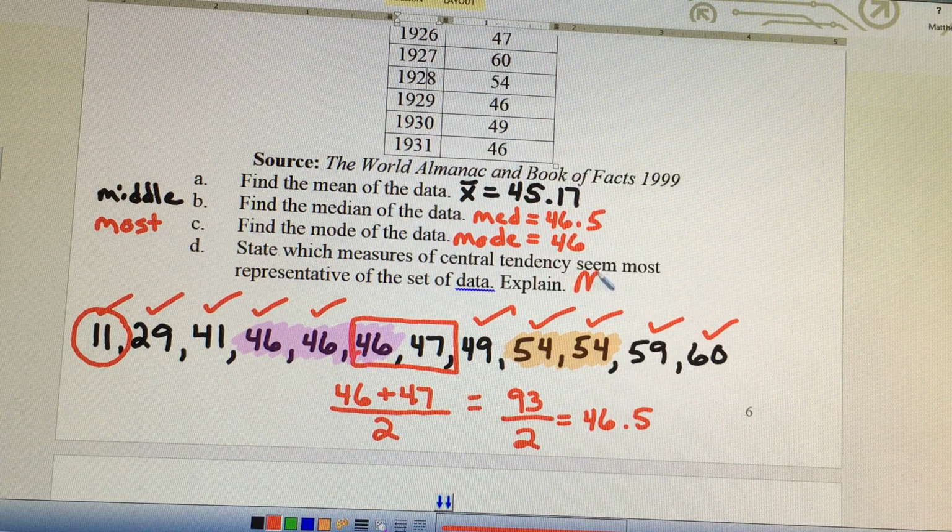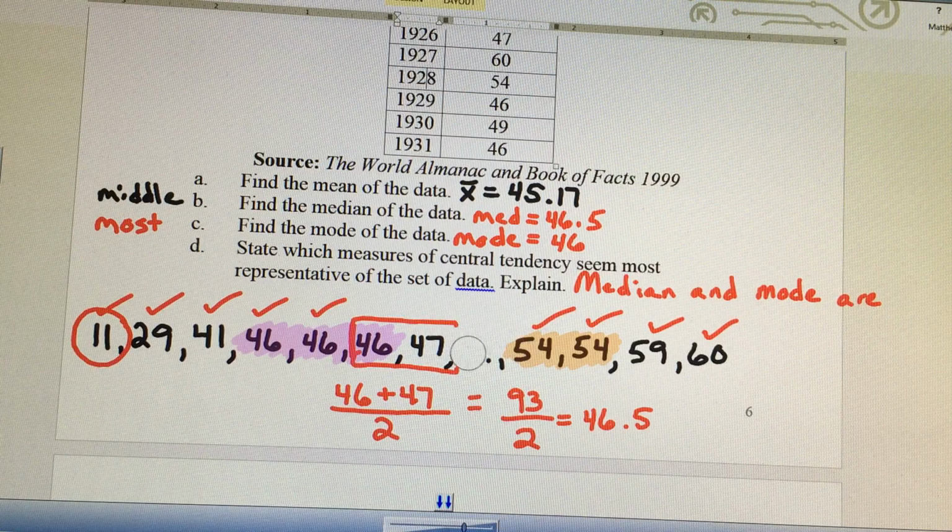So let's put median and mode are best. I need to erase some of this here. Be patient with me.